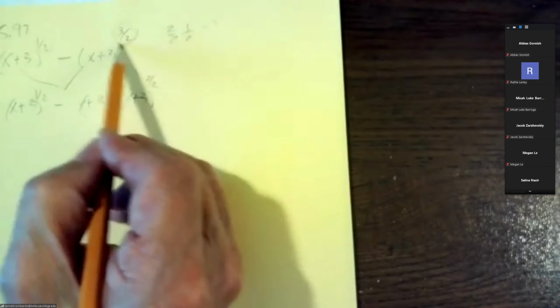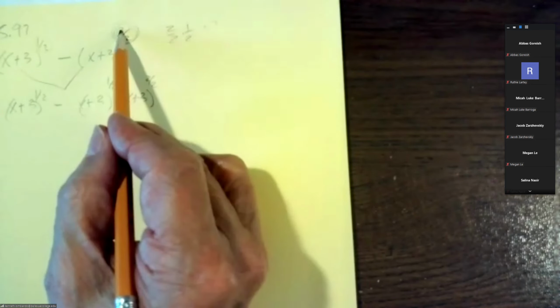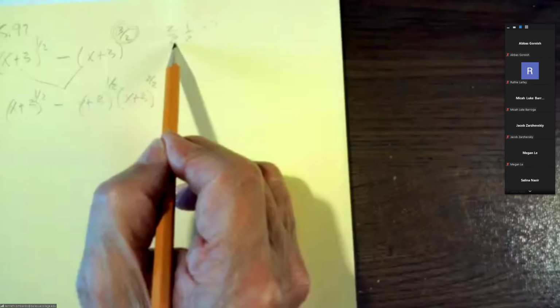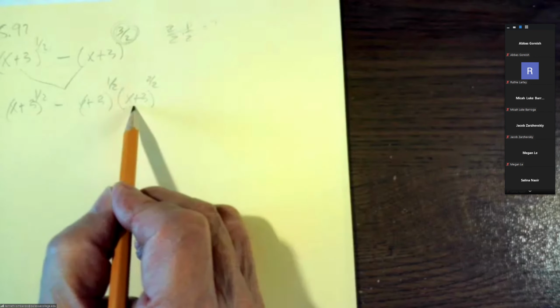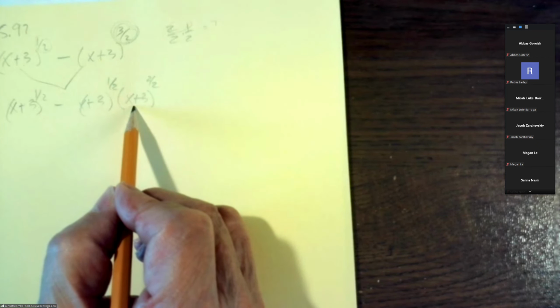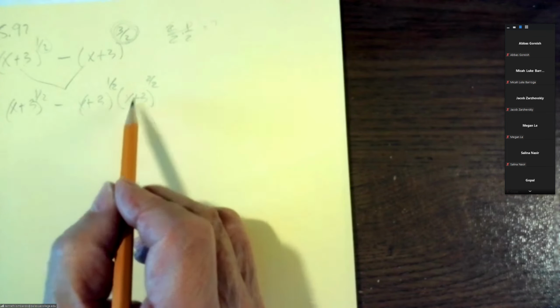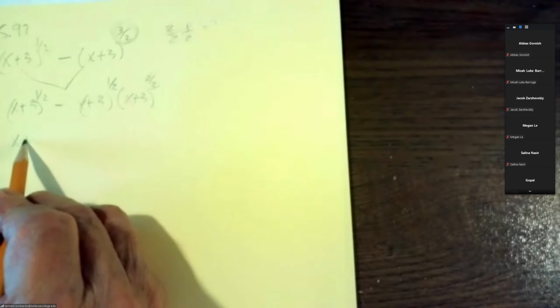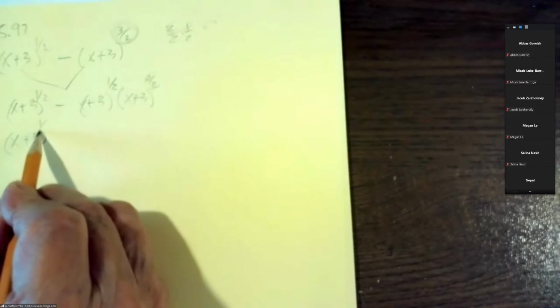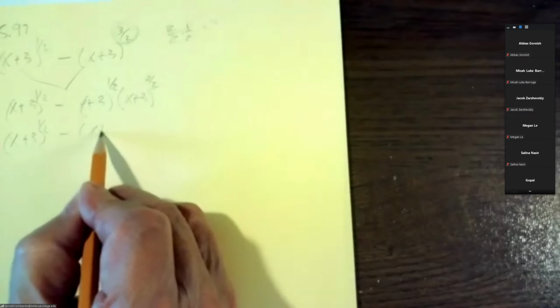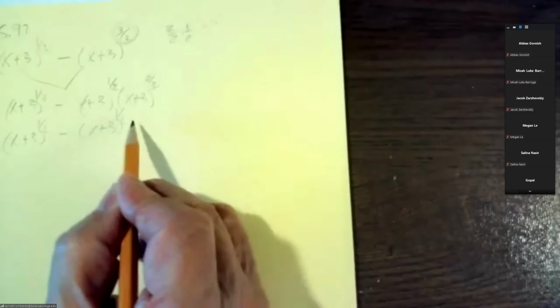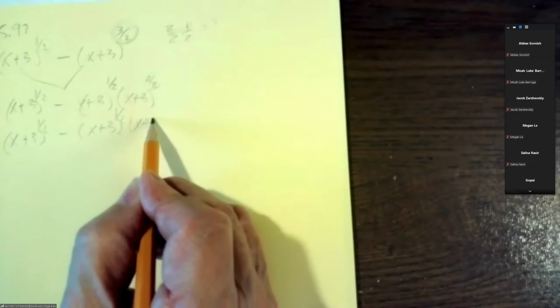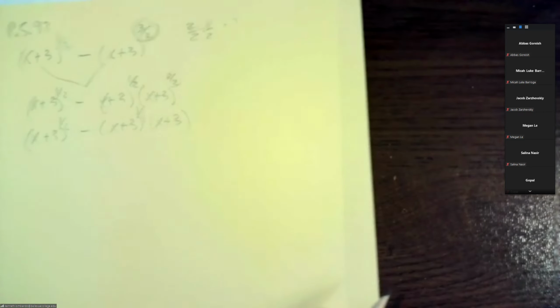What we're going to do is just rewrite this. 3/2 is the same as 1/2 and 2/2. Okay, that makes sense? Yeah. Okay, and then 2/2 is really just 1, isn't it? So that's x plus 3 to the 1/2 minus x plus 3 to the 1/2 times x plus 3.